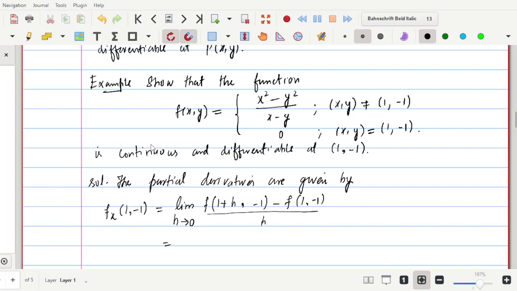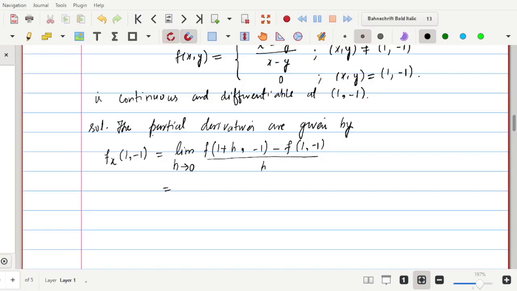Now substituting the value for the function f of x, y, this becomes limit h tends to 0, first of all we write this 1 by h here, and then evaluate the remaining function f of 1 plus h comma minus 1. So we have to replace x by 1 plus h and replace y by minus 1. So this becomes (1 plus h) whole square minus (minus 1) square, whole divided by 1 plus h minus (minus 1). Then minus f of 1 comma minus 1 is defined to be 0 according to the definition of the function.